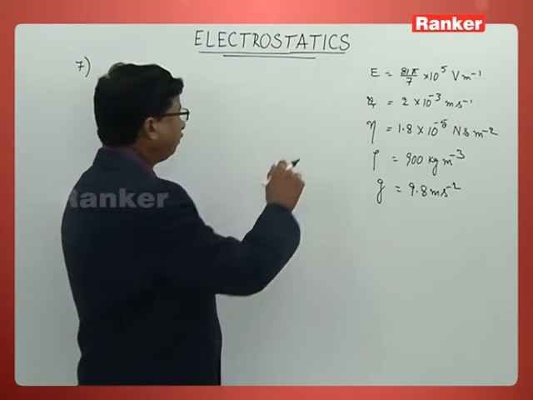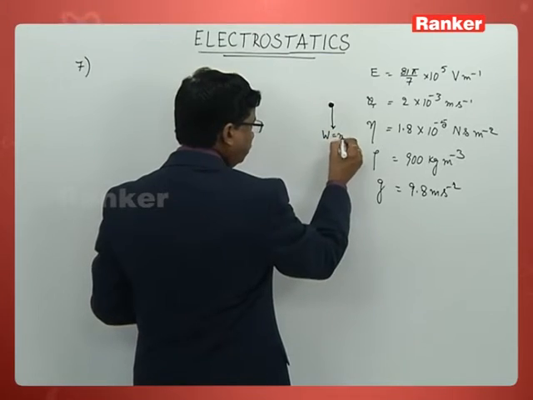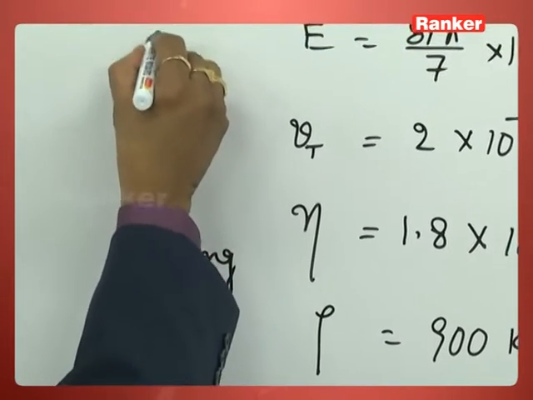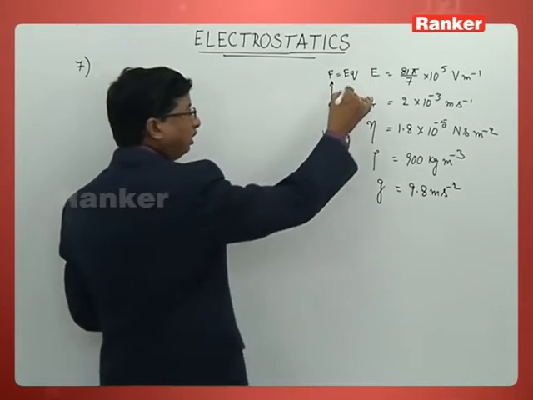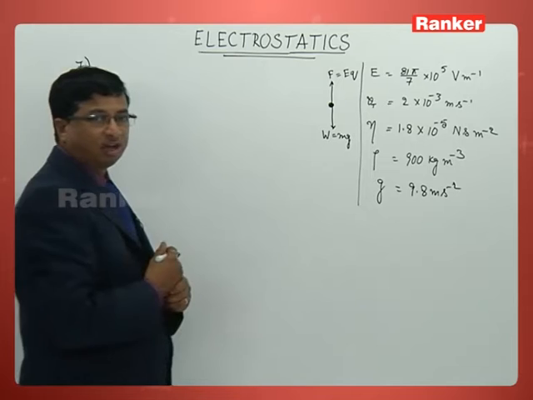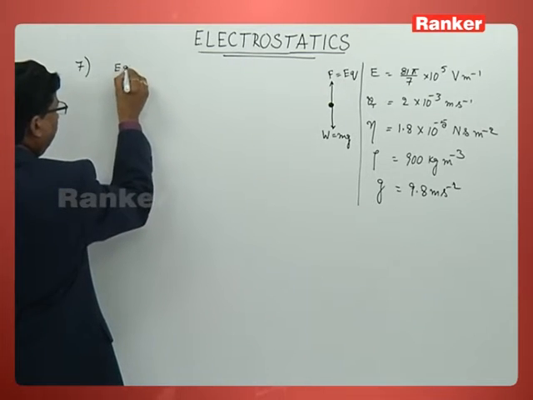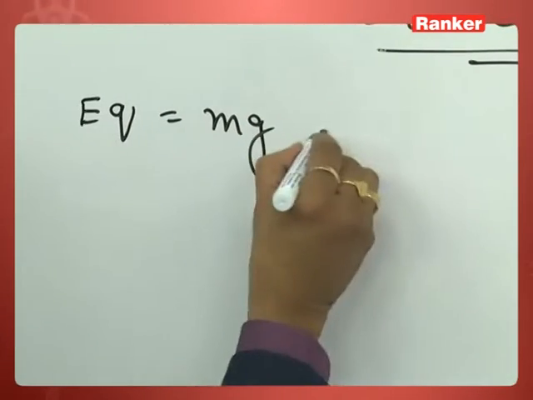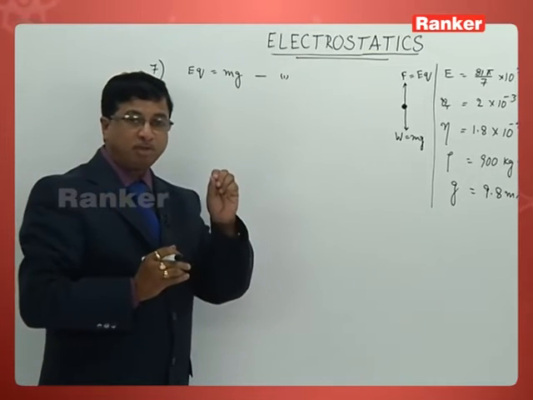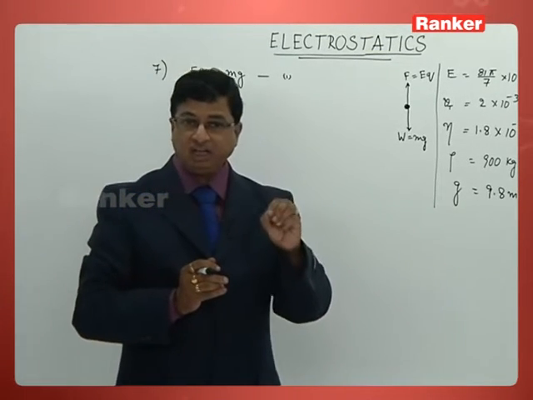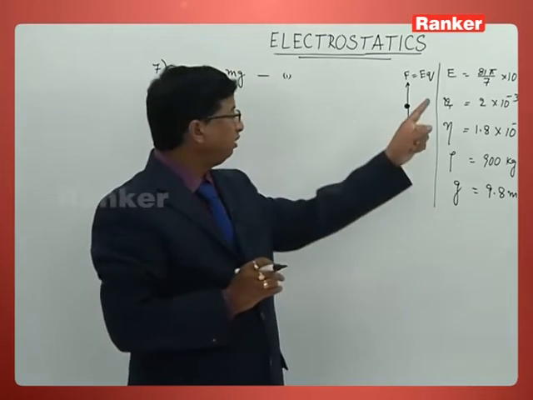That means the oil drop weight mg should be compensated by the force due to electric field, which is EQ. That is the condition. So EQ must be equal to mg. That is one condition we can take when the drop is at rest in air after the application of external electric field of strength this much.